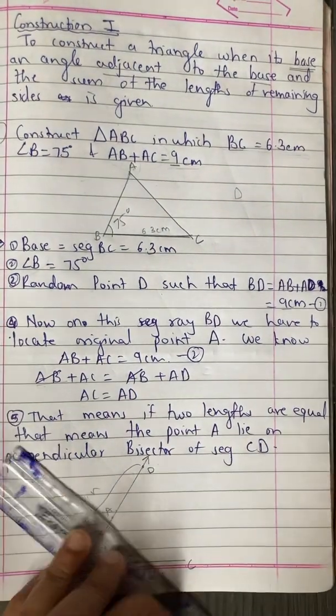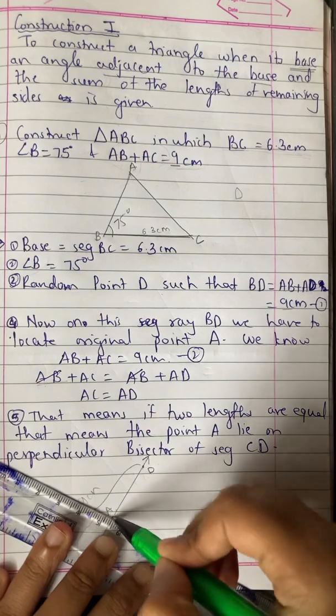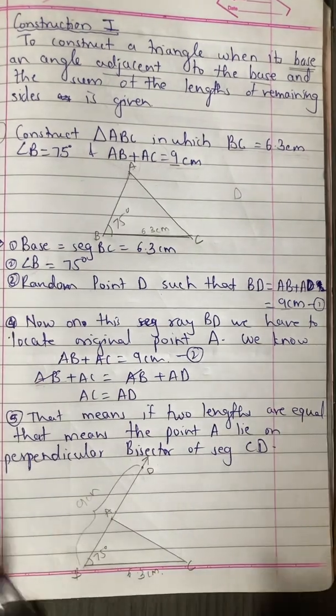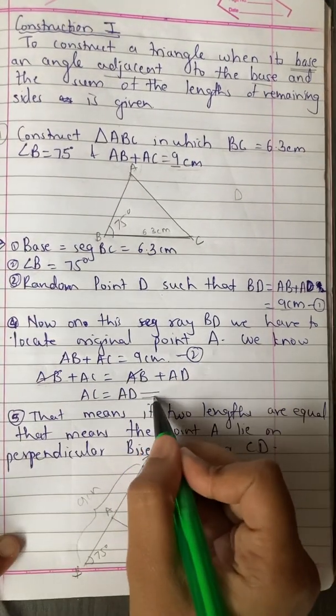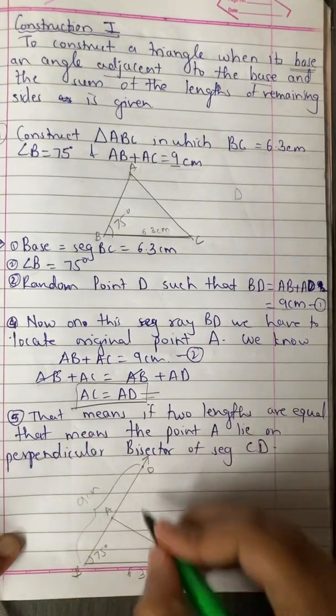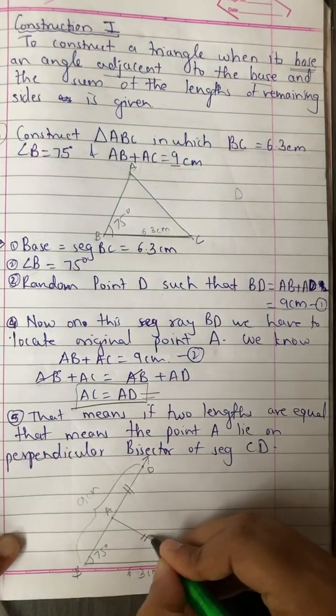Now you can join AC. Just join this part, and what do we conclude? This conclusion is very important, students: AC is equal to AD.